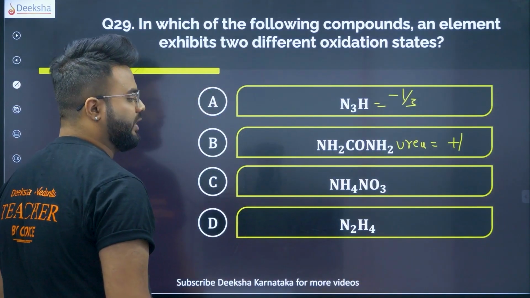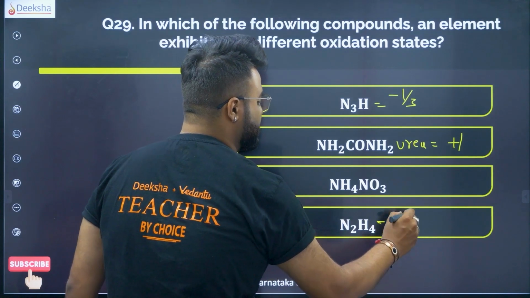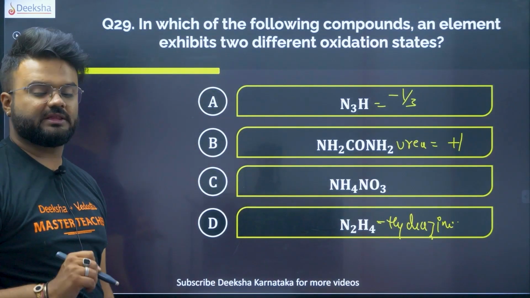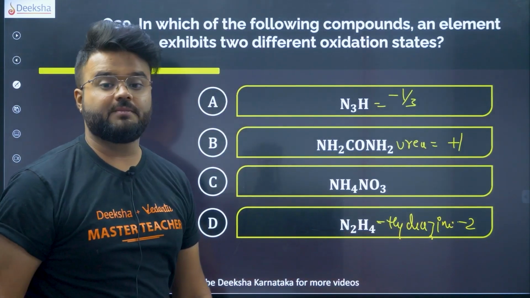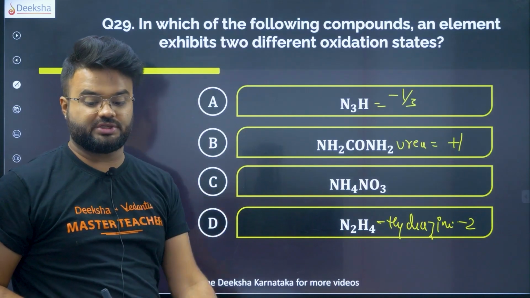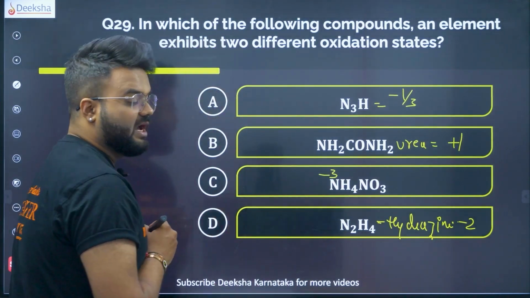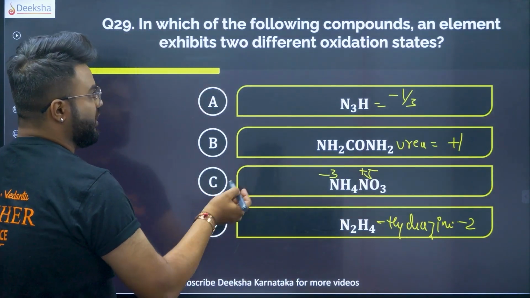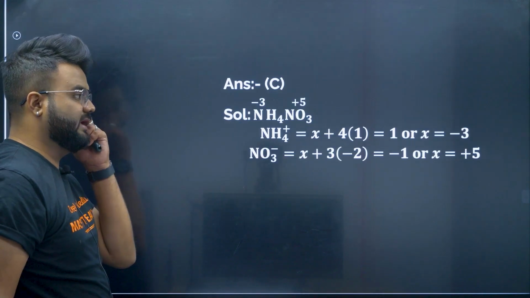Now N2H4, that is nothing but hydrazine, its oxidation state is -2. Whereas ammonium nitrate has two different oxidation states: NH4 it will be -3 and NO3 will be +5. Therefore, among these, the one having two oxidation states, option C will be your correct answer.